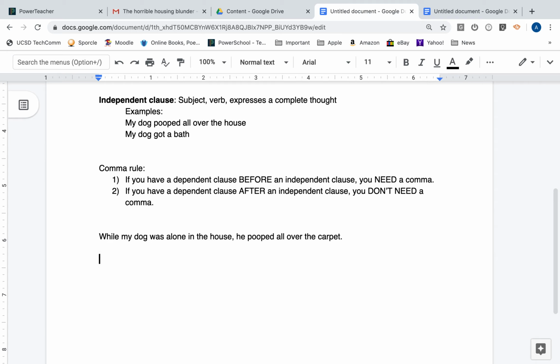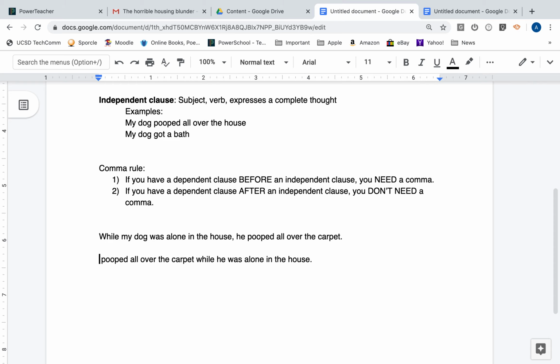So if we have, he pooped all over the carpet, which is my independent clause, while he was alone in the house. Okay, so we're going to switch that.